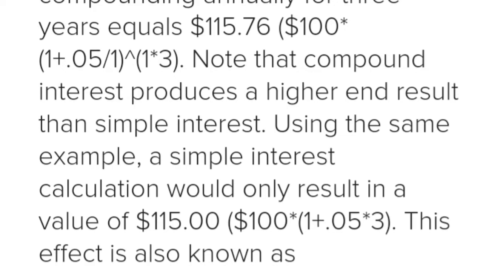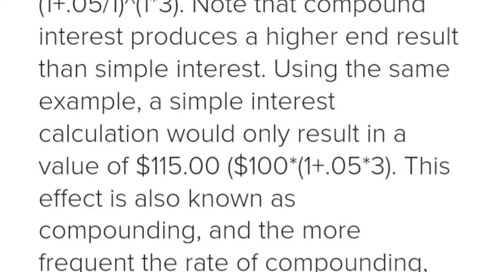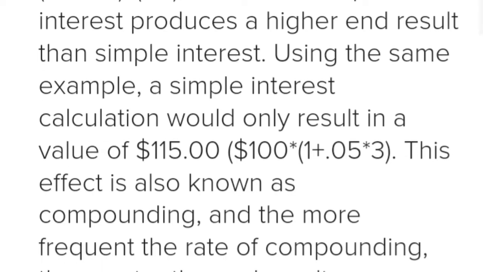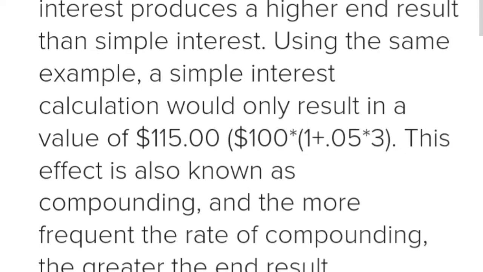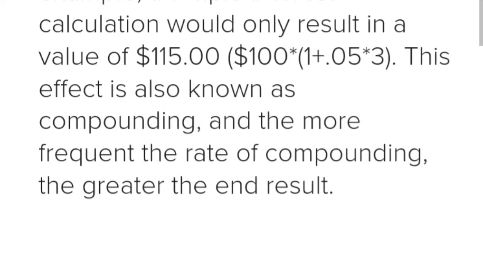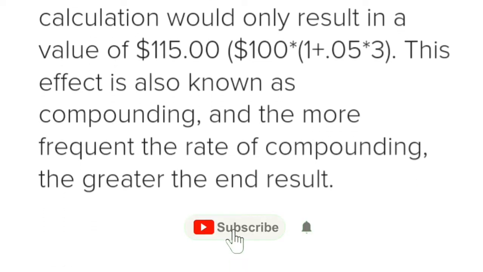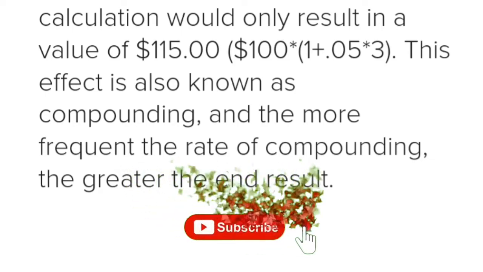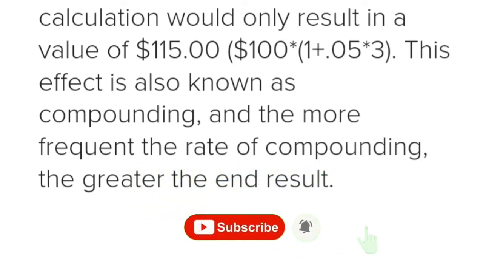A simple interest calculation would only result in a value of $150, or 100 plus 0.05 times 10. This effect is also known as compounding, and the more frequent the rate of compounding, the greater the end result.